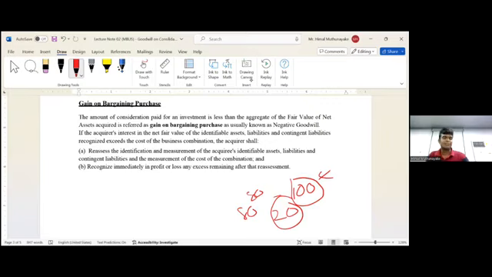So if I can bargain, that means the company has some kind of issues. For example, they are a loss-making company. They are having some regulatory issues. They are having some brand damages. They have issued some chemicals, and those chemicals are causing some trouble to the customers.